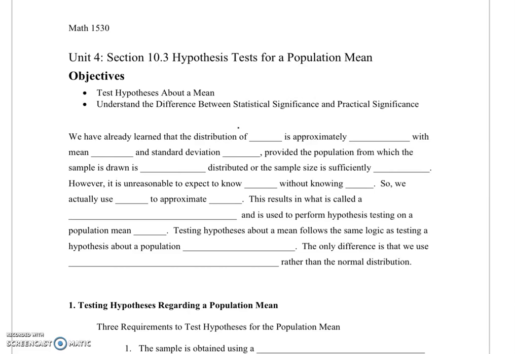If you remember back from chapter 8, which was about sampling distributions, we learned that the distribution of x bar, the sample mean, is approximately normal with a mean of mu and a standard deviation of sigma divided by the square root of n, provided that the population from which the sample is drawn is normally distributed, or if the sample size is sufficiently large.